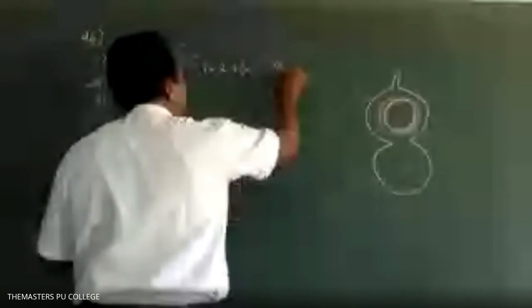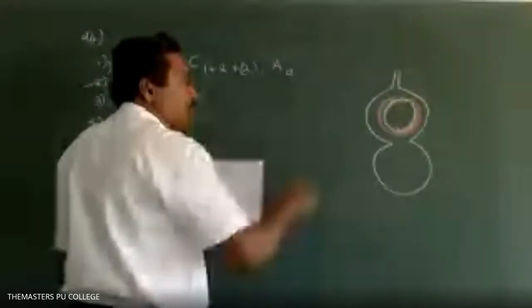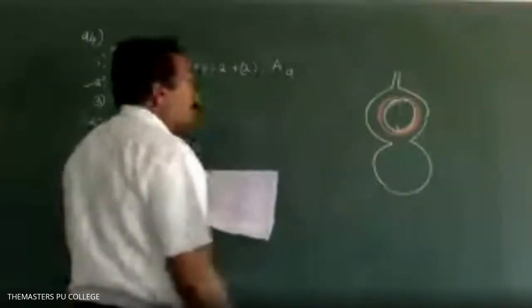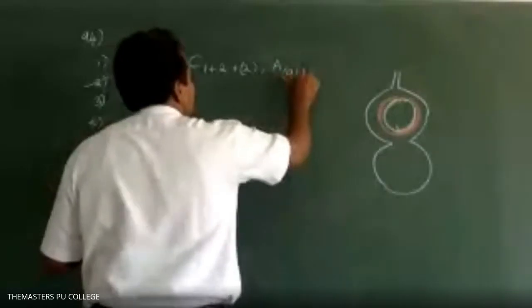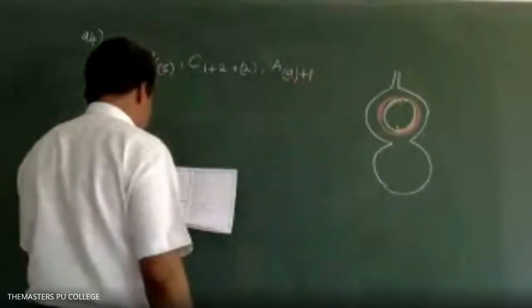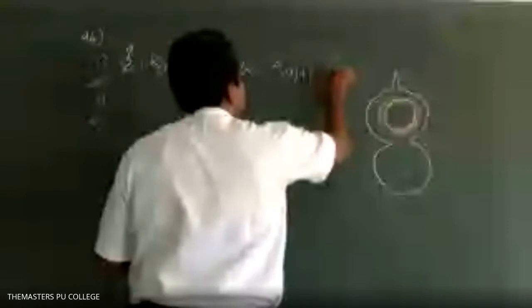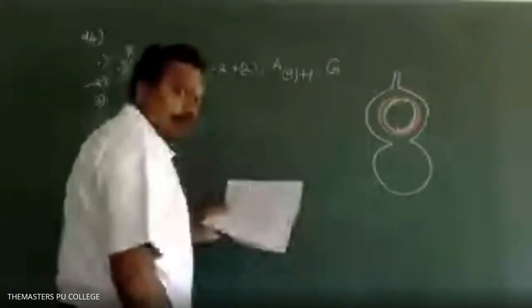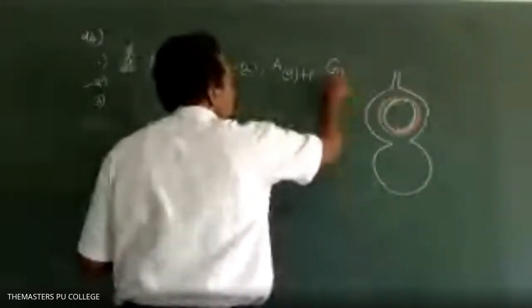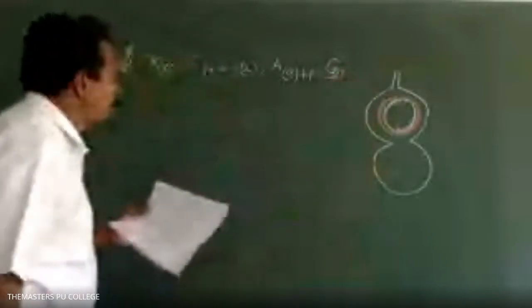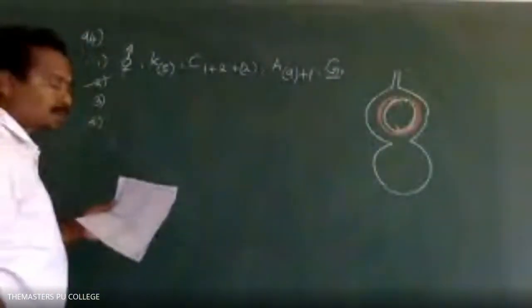Androecium, 10 stamens, 9 stamen filaments fused and 1 free, 9 plus 1. Gynoecium consists of one carpel. The flowers are hypogynous. That is the first option given.